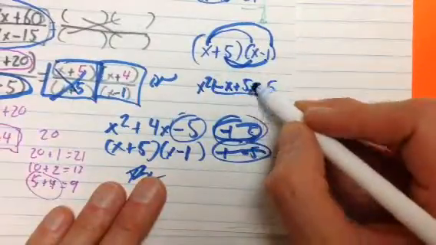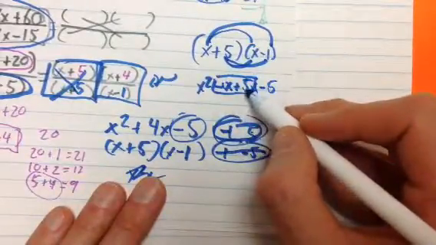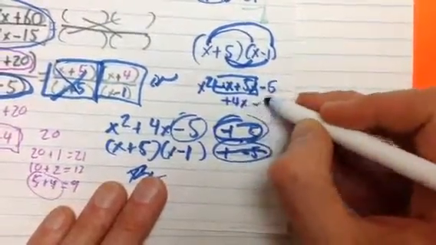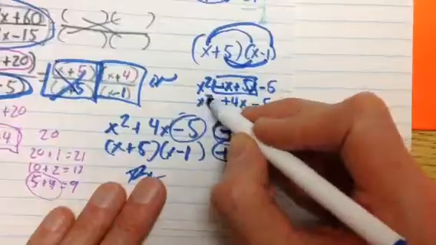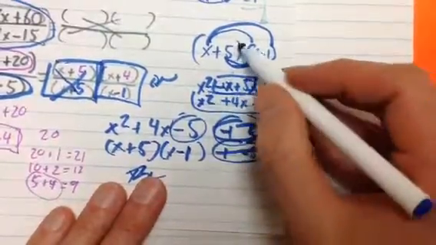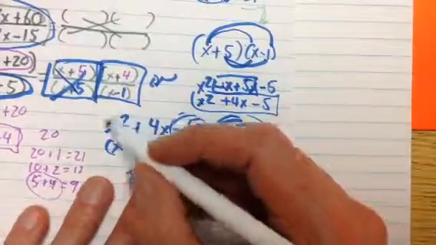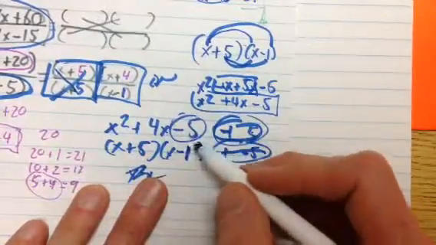Combine the middle terms because they're like terms: -1x and positive 5x is positive 4x. And then that's -5, and that's an x squared. So by doing the FOILing, it got us to here. This process is just the reverse of that.